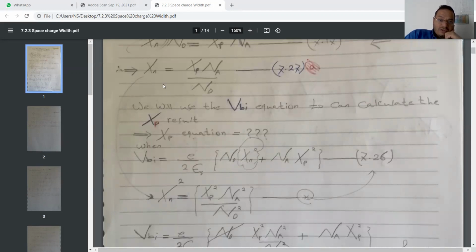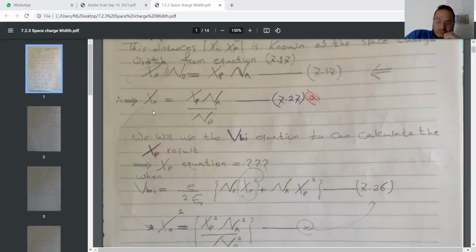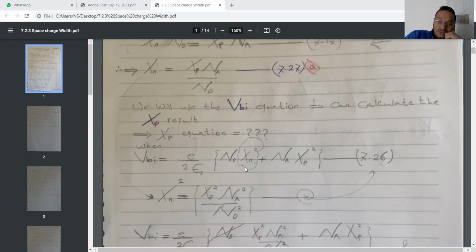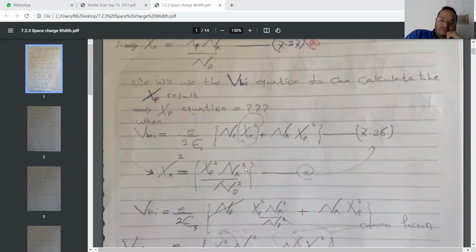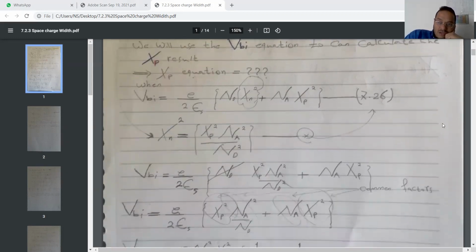Like I said before, from 7.17 we have this result: the width in the N region equals the width in the P region times the acceptor concentration divided by the donor concentration. We will put equation 7.27 here and calculate this equation again. And by this way, we have a target, we have a goal.